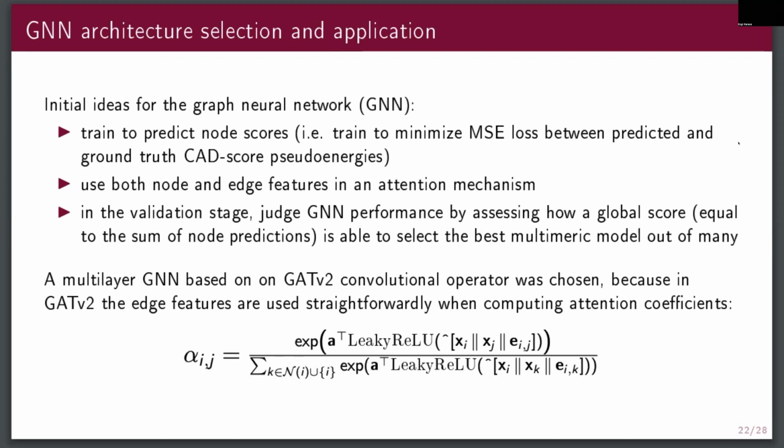And then we basically analyze the performance based on how well the global interface pseudo energy sum can select the best models. The graph attention version 2 convolutional operator satisfied our requirements. It basically uses both node and edge features equally.